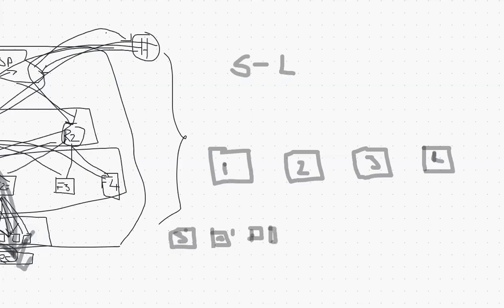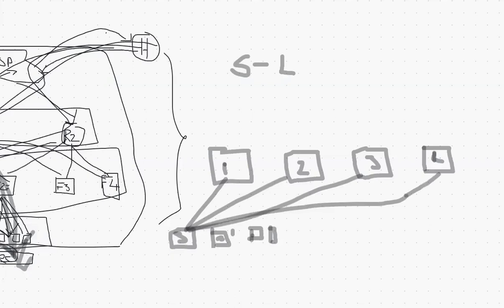So this leaf 1 will be connected to floor 1 switch, floor 2 switch, floor 3 switch, floor 4 switch. Similarly, this leaf in floor 2, the leaf switch is nothing but the access layer switch there, so that will be connected to this switch, this switch, this switch.